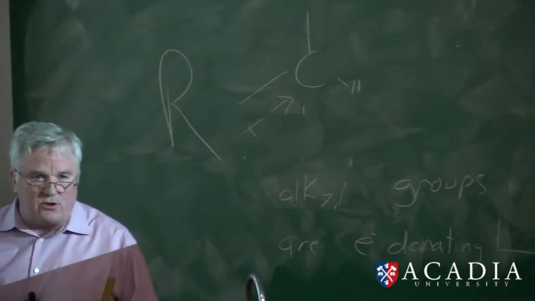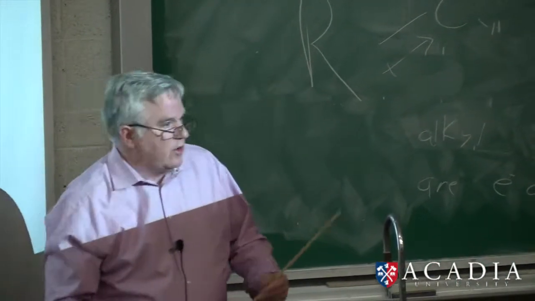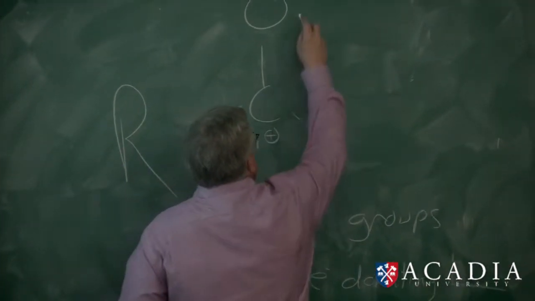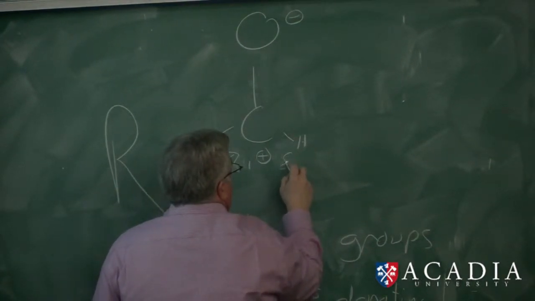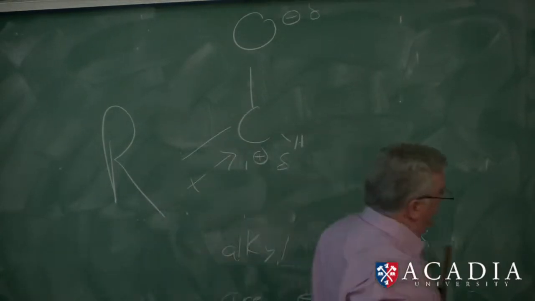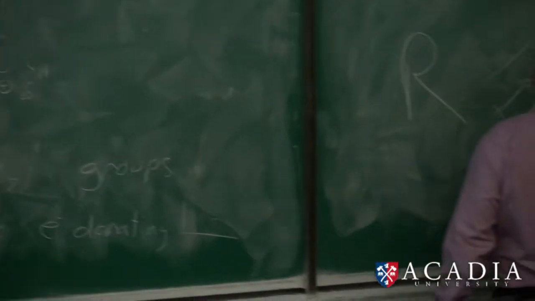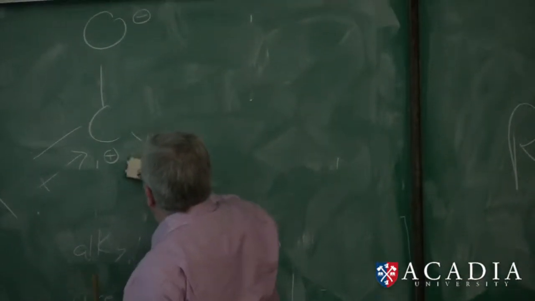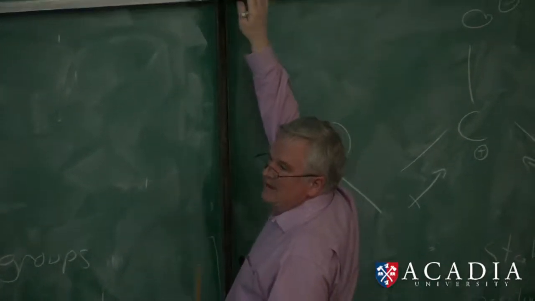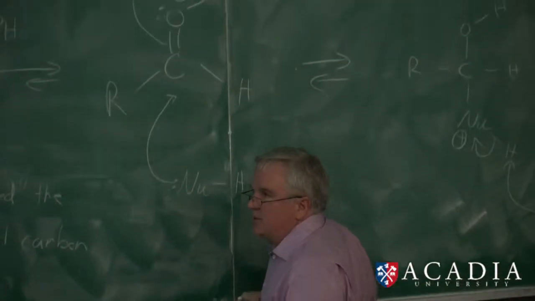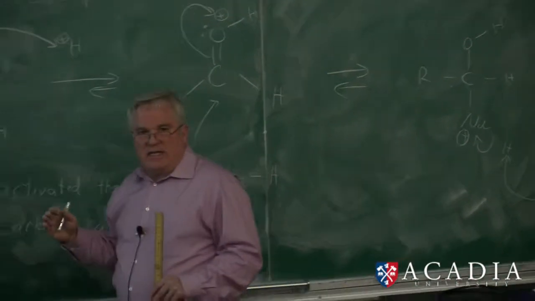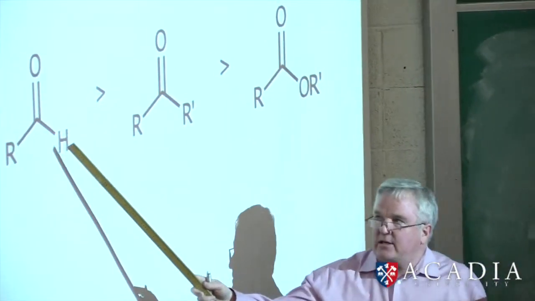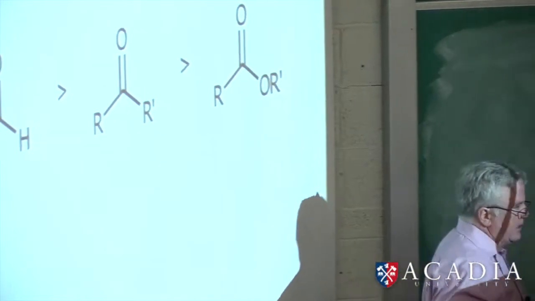Remember, we talk about them being electron donating relative to hydrogen. So in this case, we only have one electron donating group to stabilize this partial positive charge. Well, actually, the way I've drawn it, it's fully charged. Okay, so both electronically and sterically, alkyl substitution makes the carbonyl carbon less reactive, so that this is less reactive than this for both steric and electronic reasons.